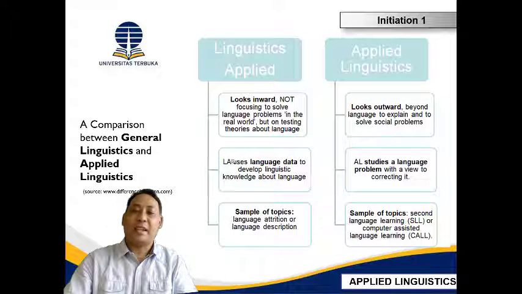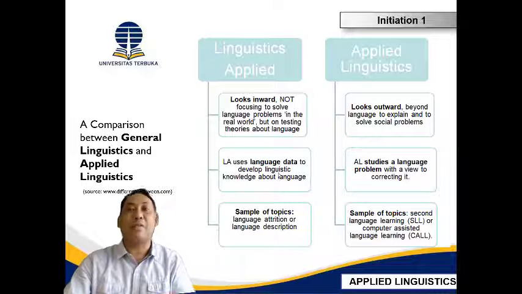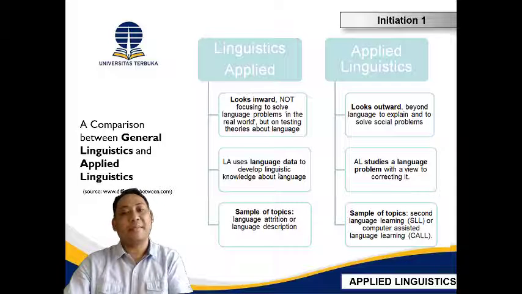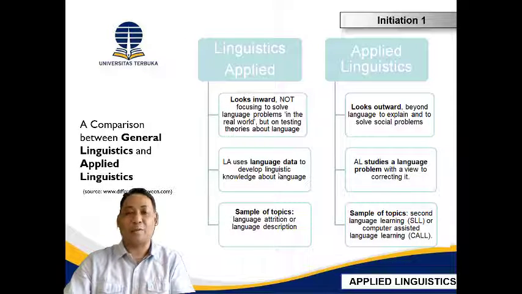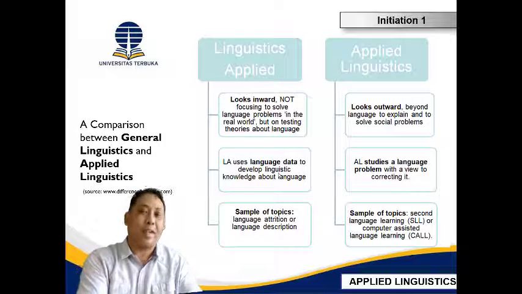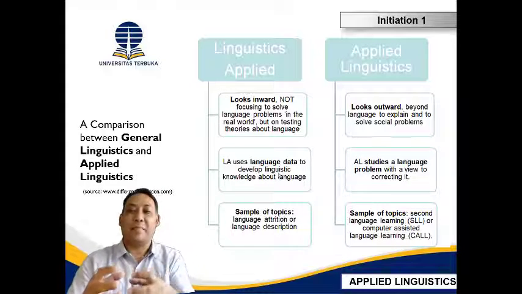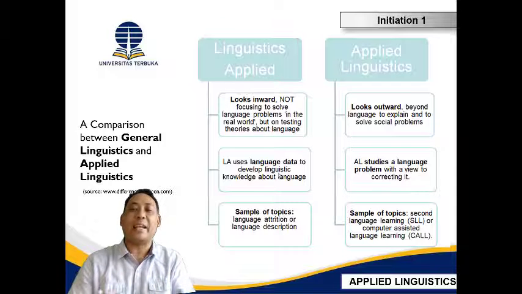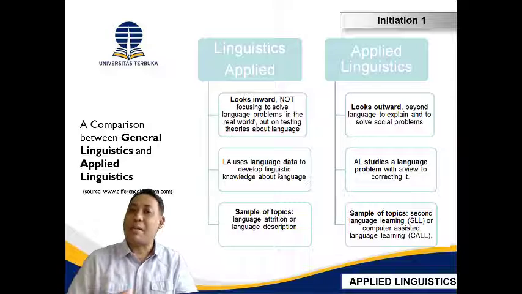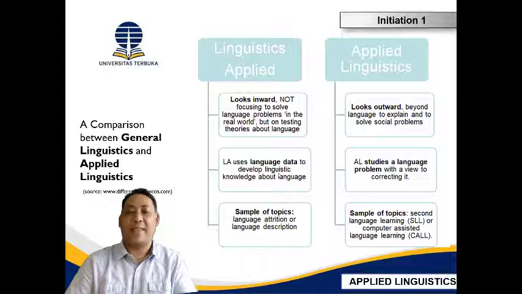And then language acquisition. Linguistics applied in this case uses language data to develop linguistic knowledge about language. We talk always only about language, while in applied linguistics, we study language problems, but we would like to talk about some other issues around that.